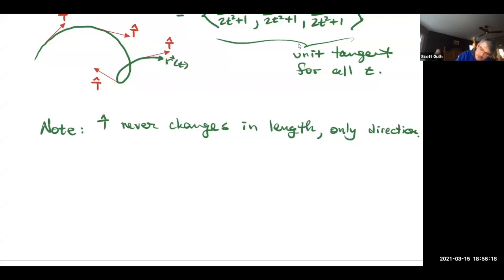So T prime of t measures how fast T changes in direction.